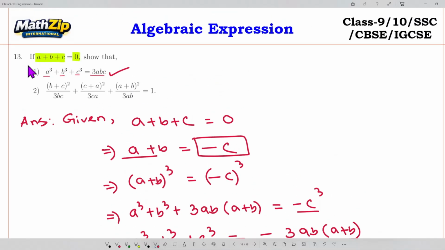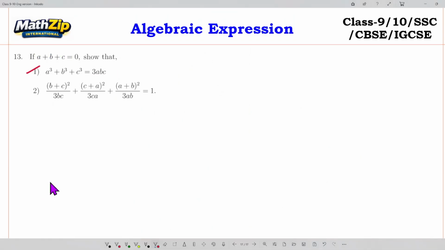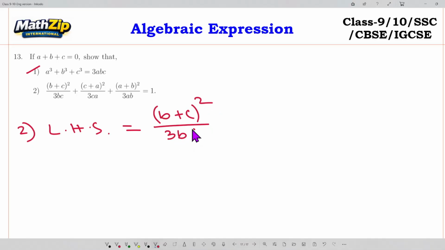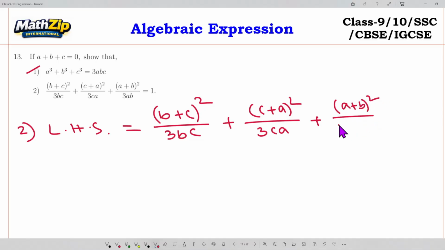So number 1 is done. Number 2: here we have to prove that the left hand side, (b plus c) whole square by 3bc plus (c plus a) whole square by 3ca plus (a plus b) whole square divided by 3ab, is 1.